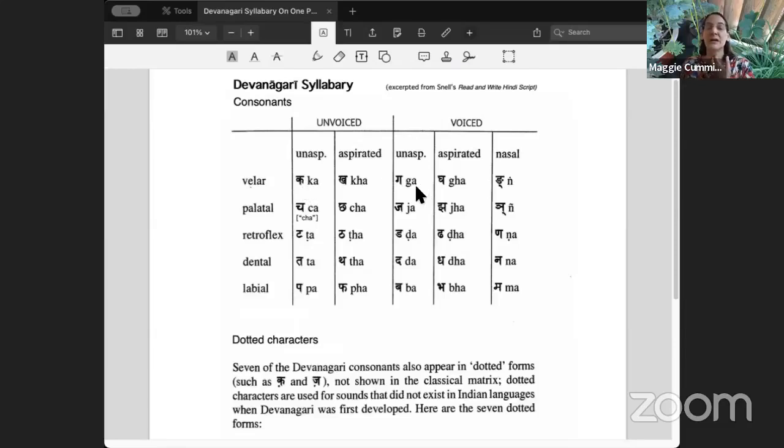Ka, ga. The only difference between those two sounds is that the ga is voiced earlier because the ahs are all voiced. The K sound itself is not voiced, but because the ah kicks in so quickly, it's very hard to tell the difference.